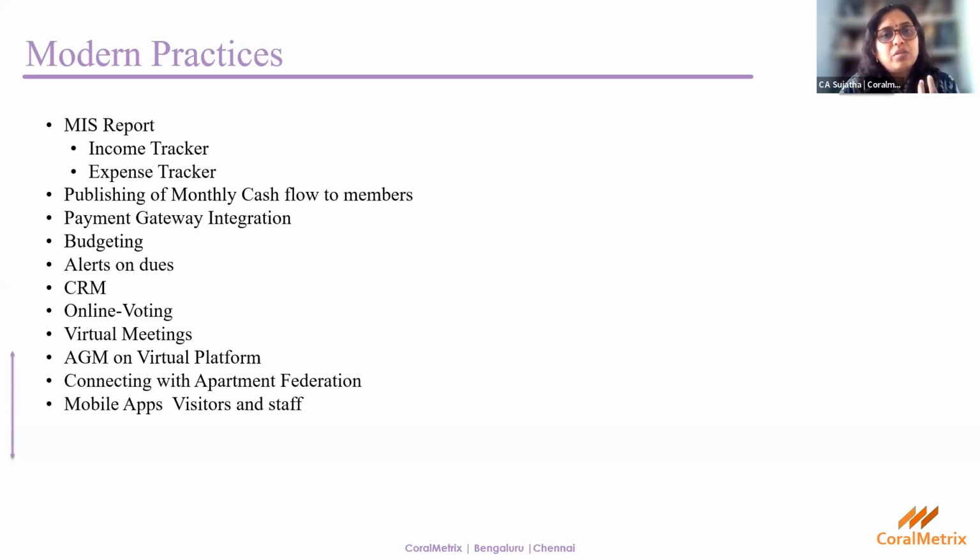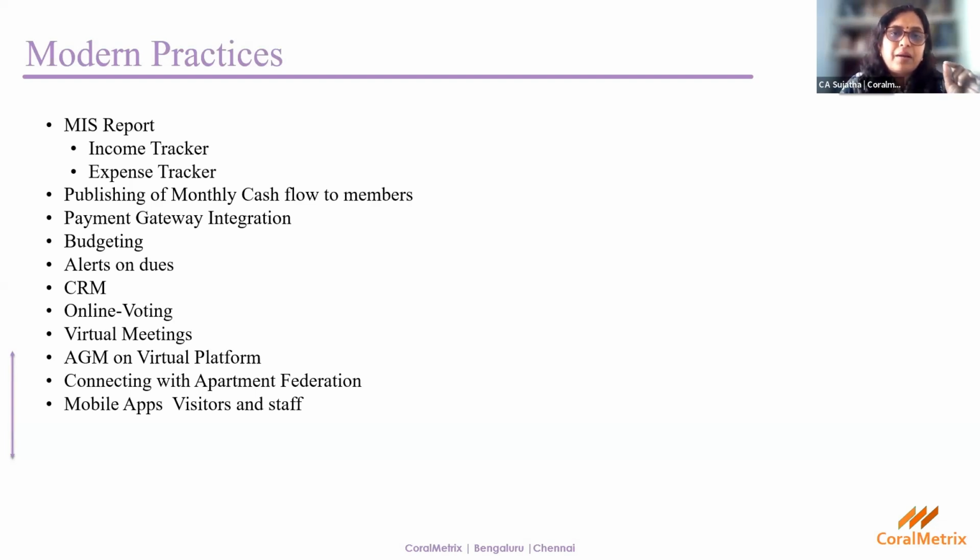Second, they also ensure that any delay in payment attracts a penalty. So it becomes easier for the apartments to collect interest for delayed payment, and members also become responsible enough to pay on time. And as I said, budgeting can also be done through the software. One more important aspect we have to appreciate is that it gives alerts for any dues.